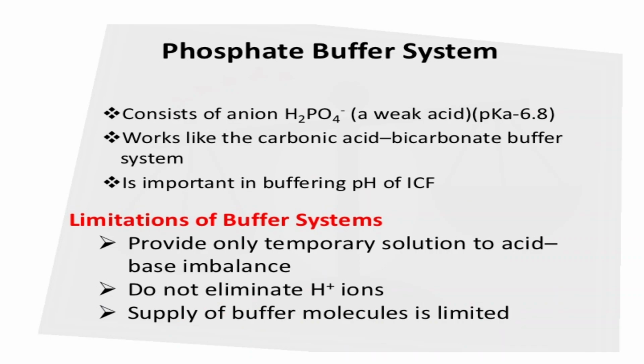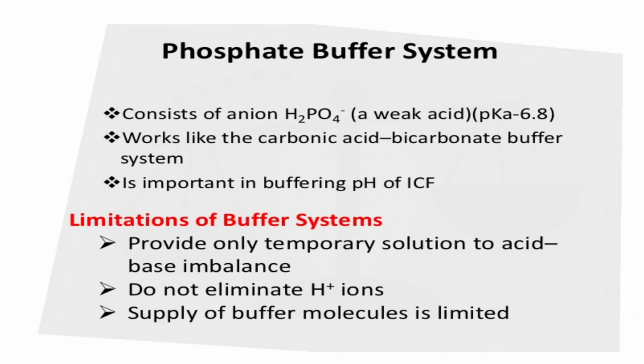Then the phosphate buffer mechanism is the next level. It mainly contains the phosphate anion, and it's a weak acid, and it functions in the same manner. When there is an acid-base imbalance, that phosphate ion is either released or conserved. It doesn't affect the hydrogen ion level.